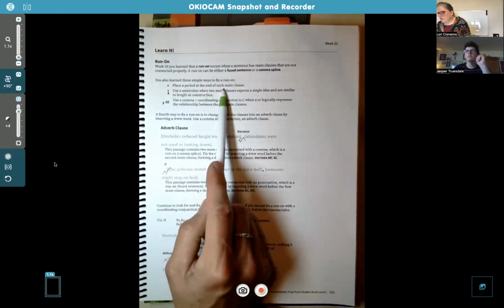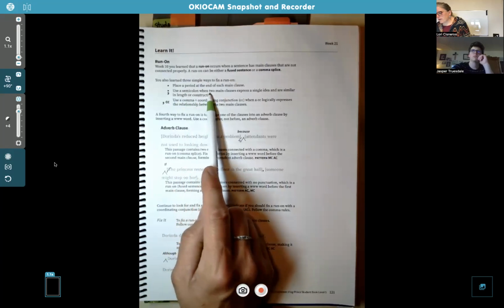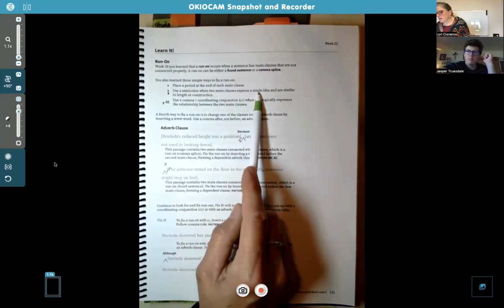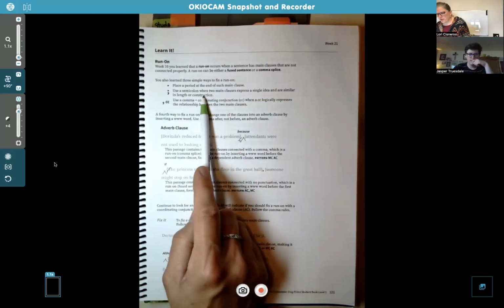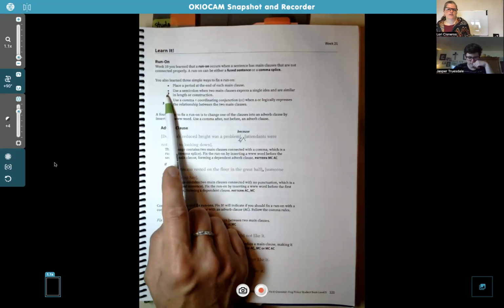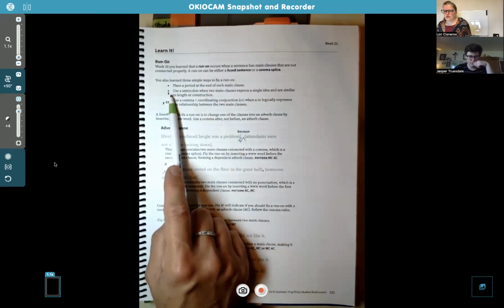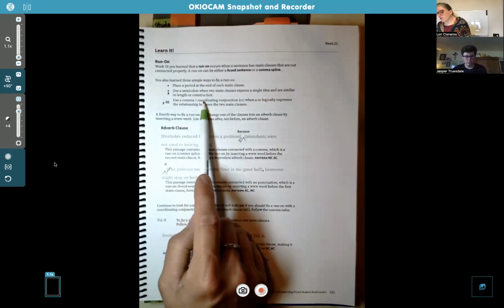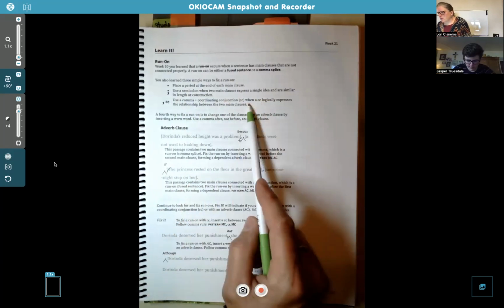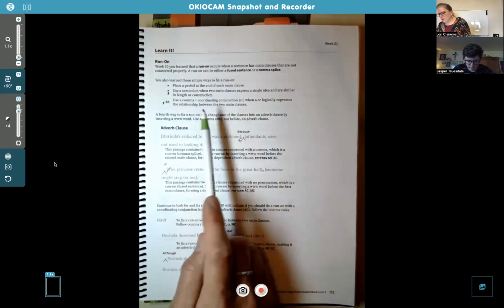Place a period at the end of each main clause. That's the easiest way. Use a semicolon when 2 main clauses express a single idea and are similar in length or construction. That semicolon is a little tricky to figure out where it goes. It's pretty rare, but you can use it in this situation. Or you use a comma and a coordinating conjunction when a CC logically expresses the relationship between the 2 main clauses.